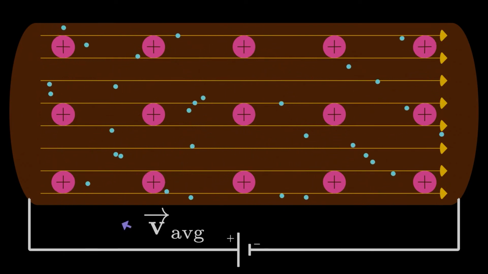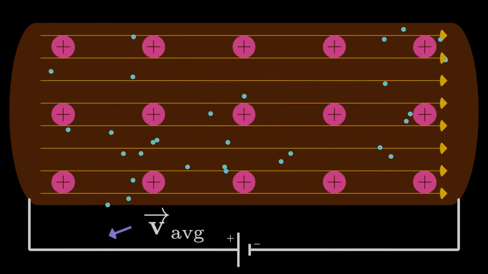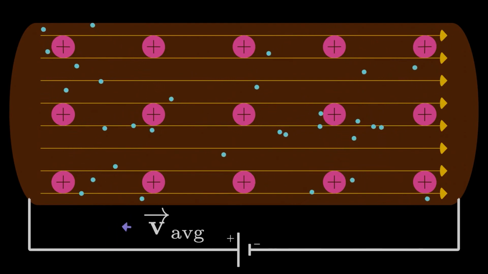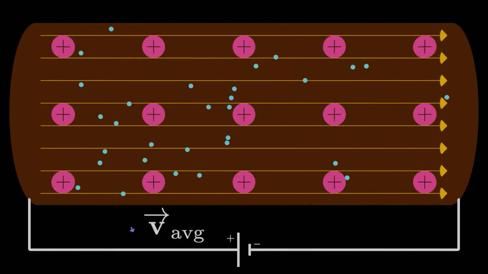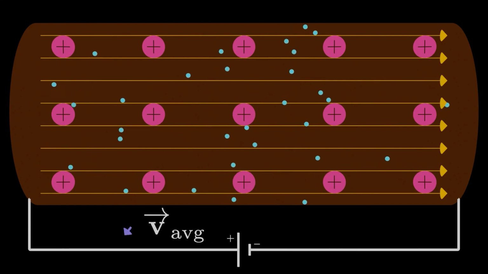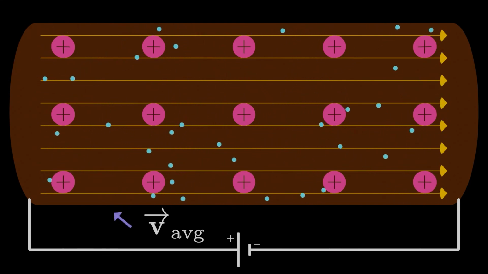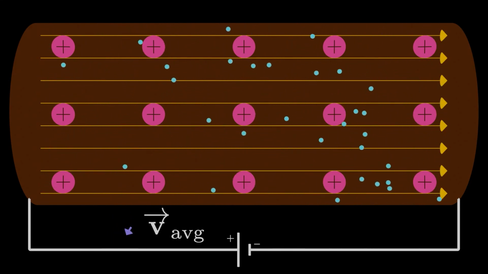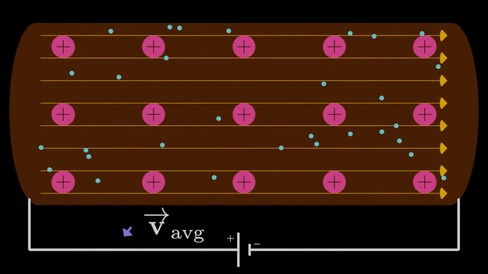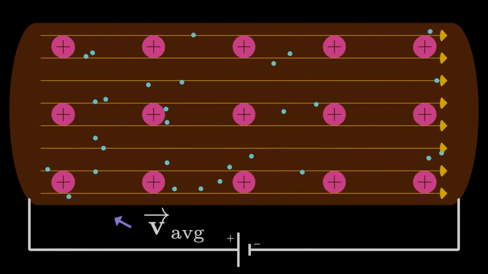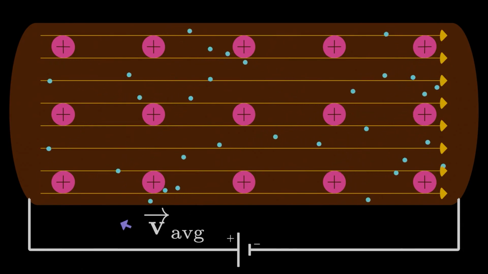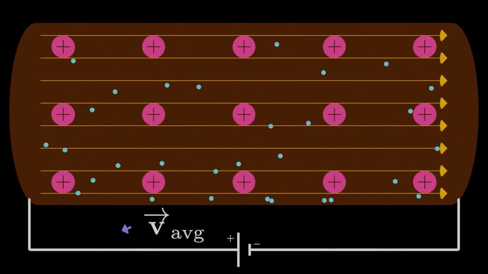So now electrons begin to accelerate against the direction of the electric field, creating an overall average drift velocity of the electrons opposite the direction of the current. That's why we call it drift velocity. It's not the actual speed of the individual charge carriers, it's just the average drifting speed of them in the direction of the current, or in this case, because they're negative electrons, against the direction of the current.